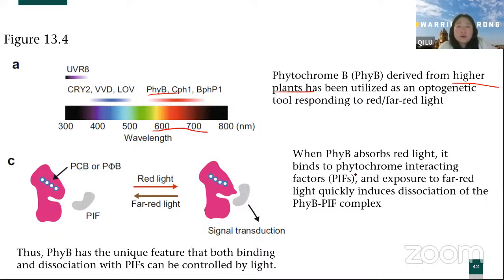When it absorbs red light and binds to PIF, the phytochrome interaction factor, it can be turned on by red light and turned off by far-red light. It is a kind of bistable activity, and PhyB has a unique feature that both binding and dissociation are controlled by light.